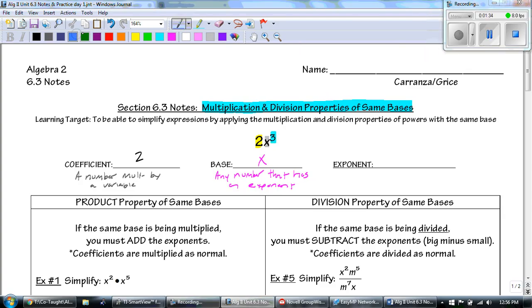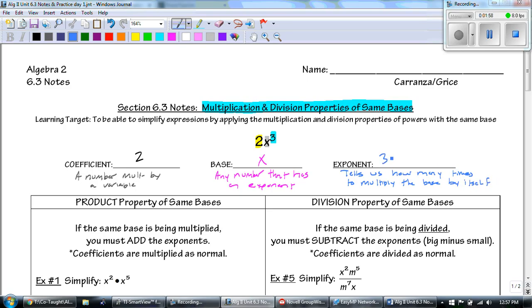What the exponent does is it tells us how many times to multiply the base by itself.